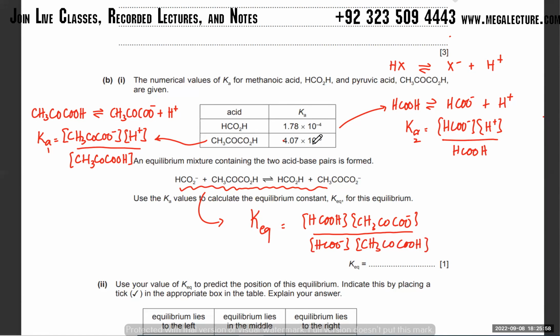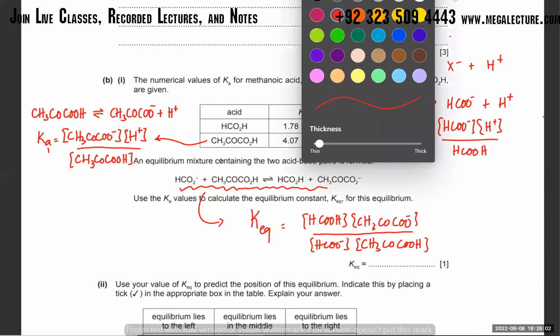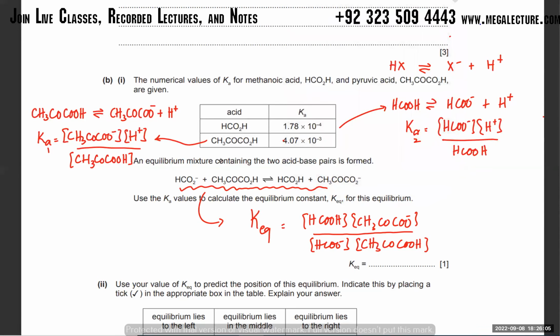If you look at it carefully, this K equilibrium expression is basically K1 divided by K2. I mean, look at the two expressions. You've got K1 over here, right?